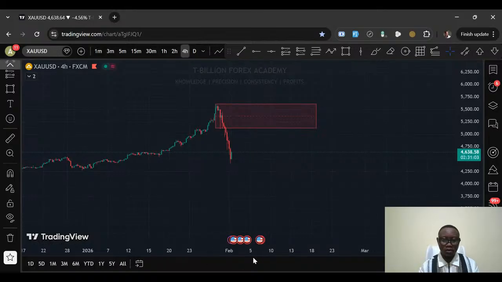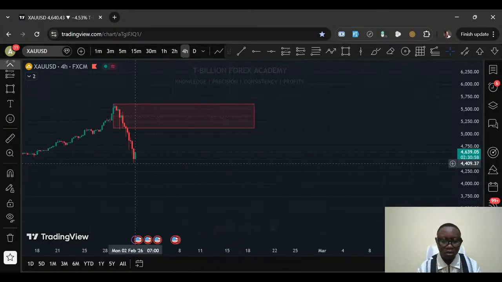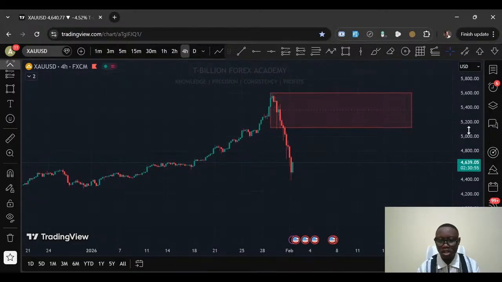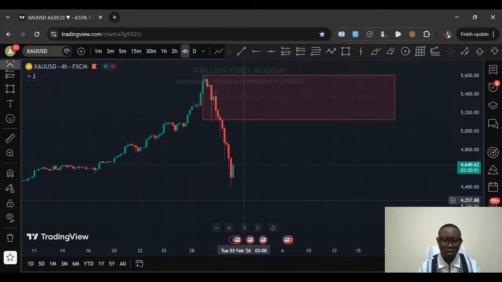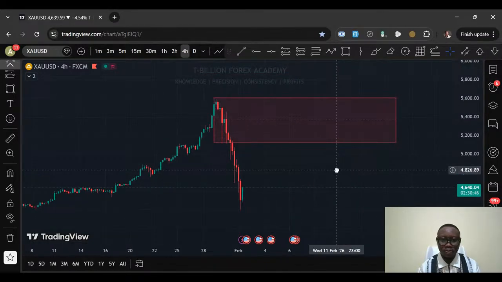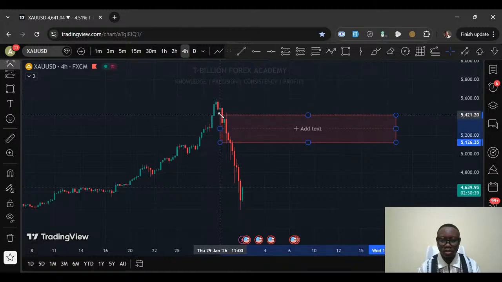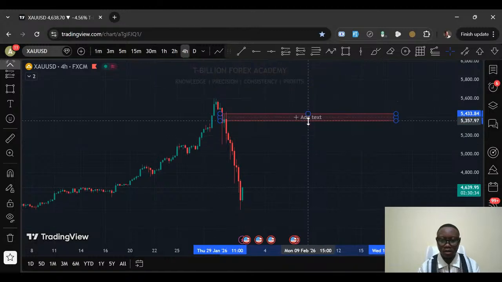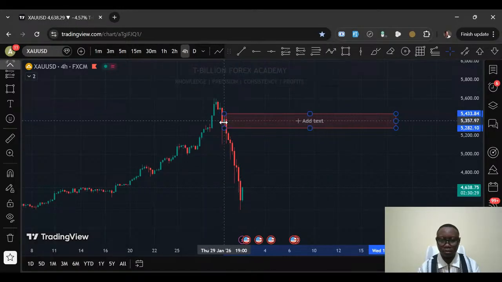Now on the 4H time frame, let's look for other supply order block zones. This has been mitigated. So let's refine this further to this candle, this candle, this.